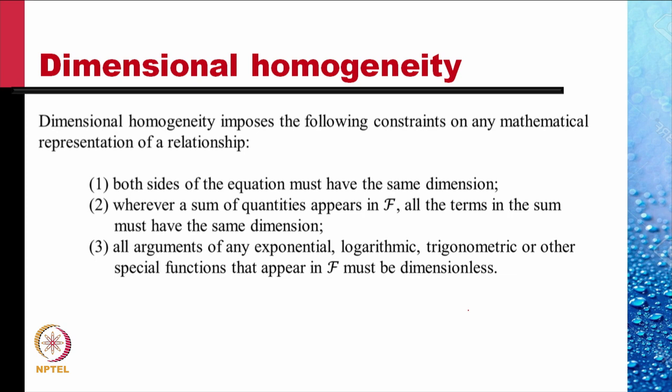Also, all arguments of any exponential, logarithmic, trigonometric or other special function that appear in F, the relationship, must be dimensionless. Taking a log of a dimensional quantity is meaningless because it will not be satisfying the property of the absolute significance of relative magnitude. Similarly, for trigonometric functions and logarithmic functions.